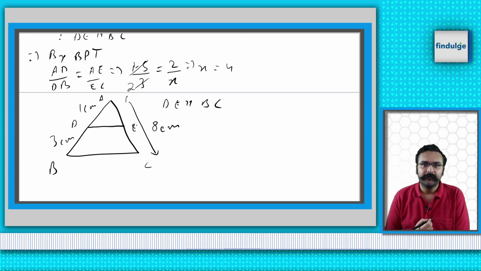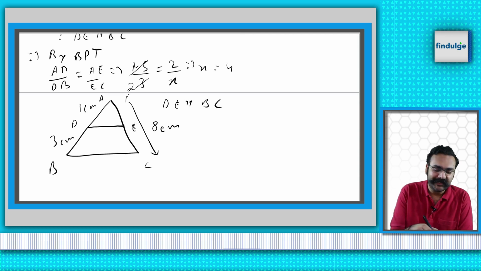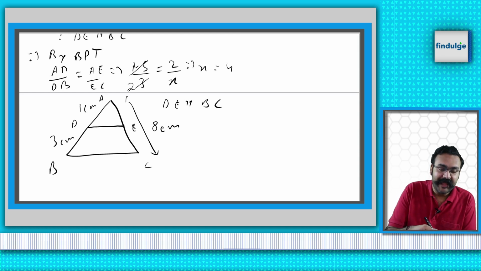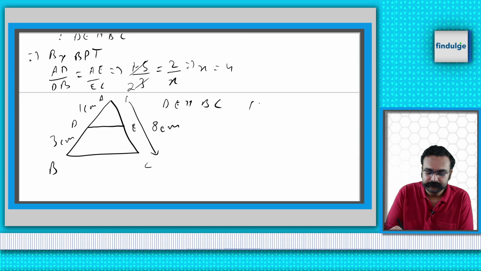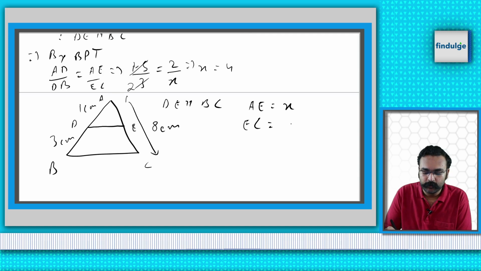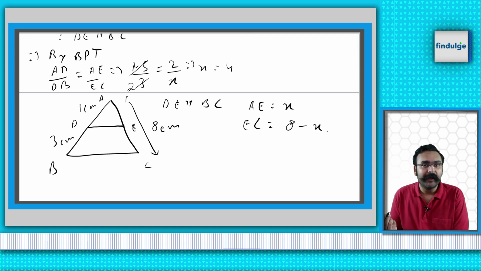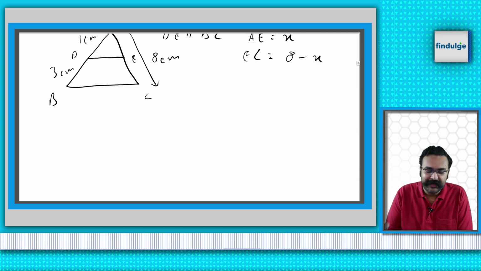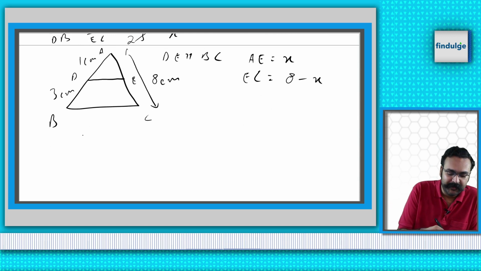Now to do that, obviously if I know that AC is 8 centimeters, that means I can take AE. If AE is X, that means EC would be equal to 8 minus X, because obviously AE plus EC is equal to 8. And so from there, we'll get that again by BPT.